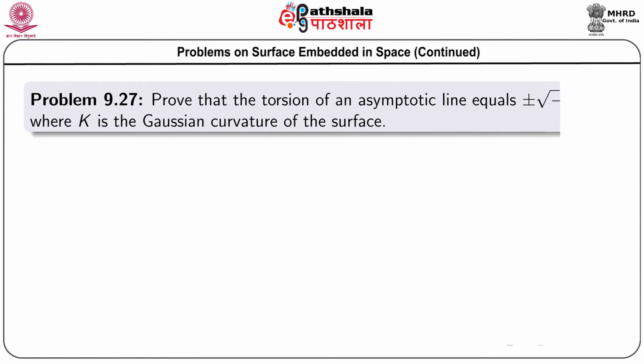Beltrami-Enneper's formula relates the torsion of an asymptotic line with the Gaussian curvature of a surface. We shall prove that the torsion of an asymptotic line is equal to plus minus root over minus K, where K is the Gaussian curvature of the surface.